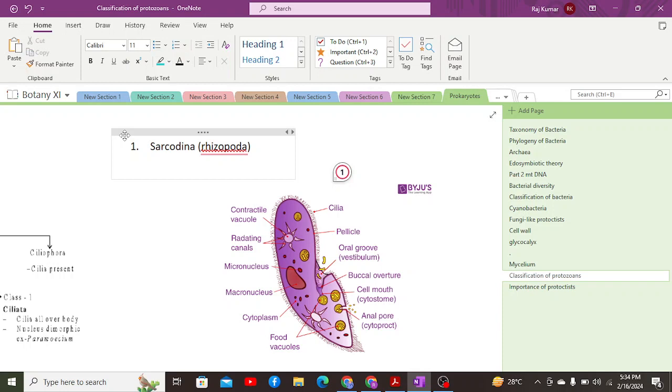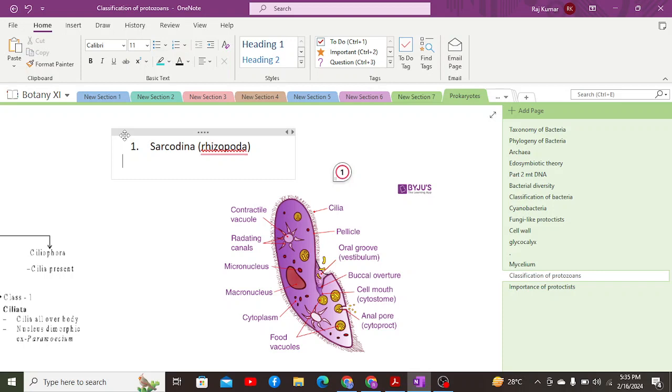They do not have a regular body shape, and the movement in most cases is amoeboid movement. It is a kind of gliding movement occurring due to contraction and relaxation of the cytoskeleton, and since it occurs in an irregular shape, it is known as amoeboid movement. They also have a single nucleus.